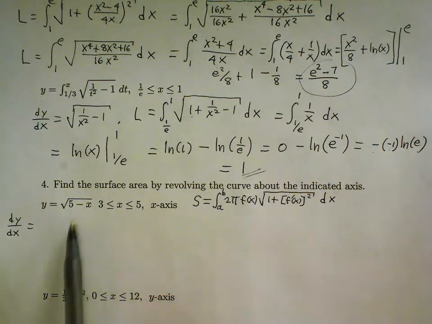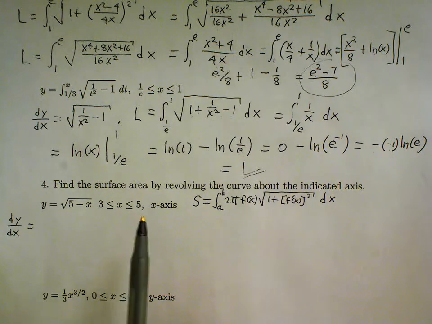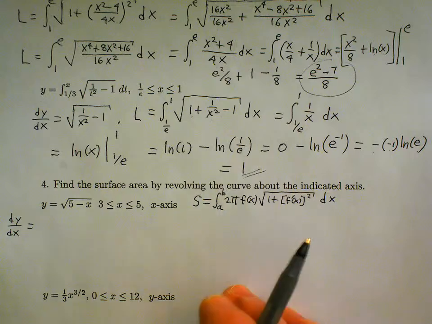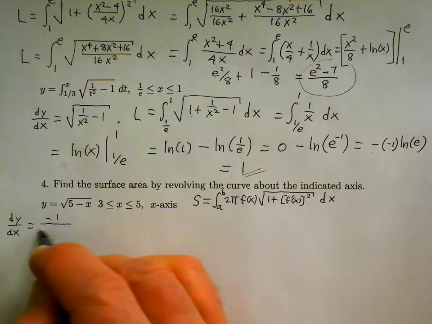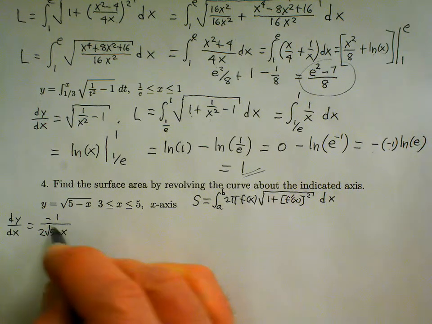So this is like 5 minus x to the 1/2. So it's going to be negative 1 over 2 times the square root of 5 minus x.